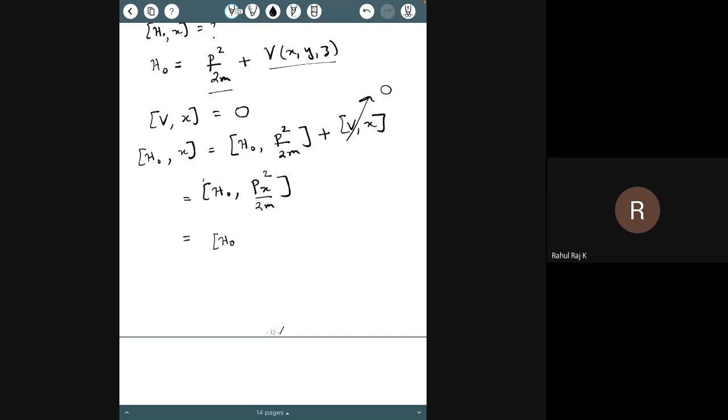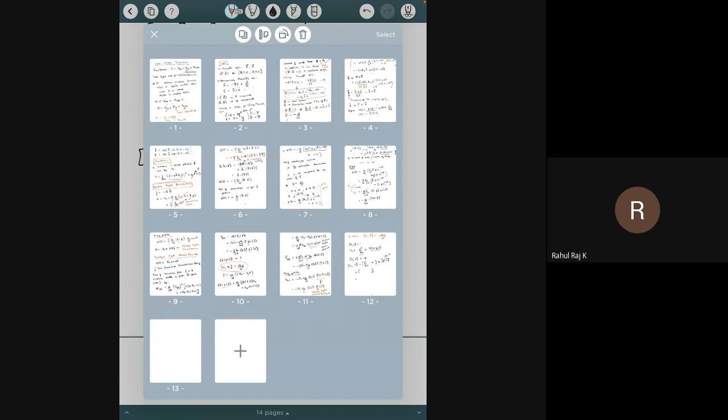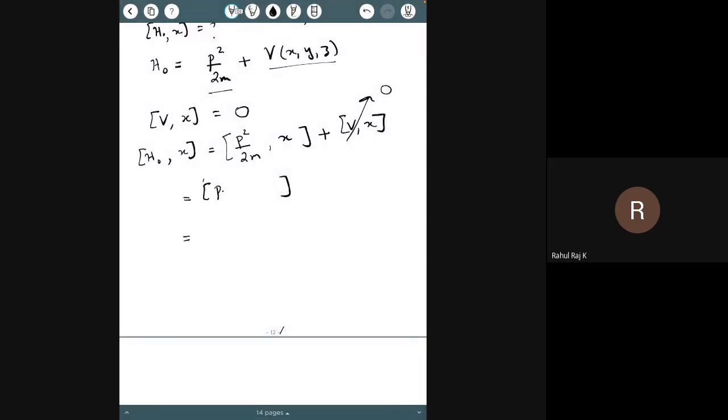Oh, sorry, what did I write? I wrote it wrong. I should have written this. I was thinking of this and writing something else. Okay, Px squared by 2m with x.